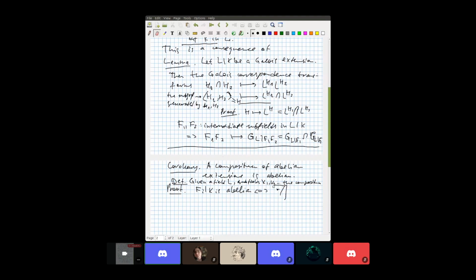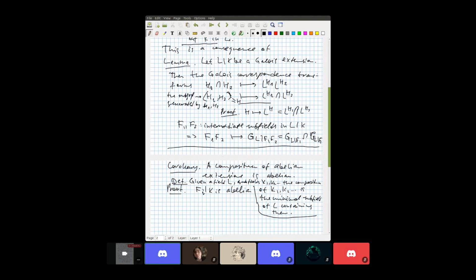The compositum of all these subfields is the minimal field containing all of them, the minimal subfield of L containing all of them. Okay, thanks.